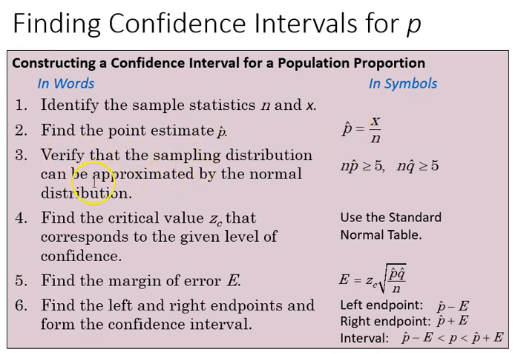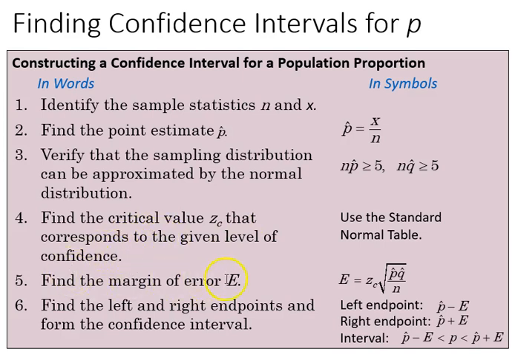Verify the distribution can be approximated by the normal distribution, and that requires the sample size times p hat to be greater than or equal to 5, and the sample size times q hat to be greater than or equal to 5. From there we go to finding the critical value based on our level of confidence.